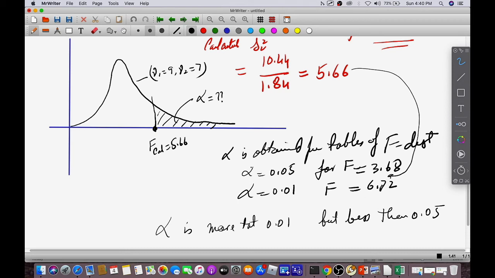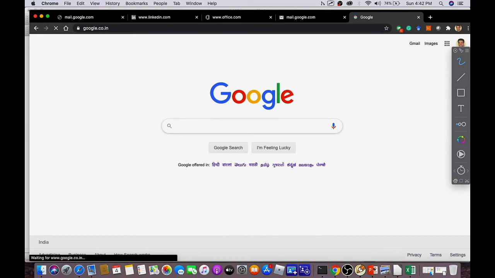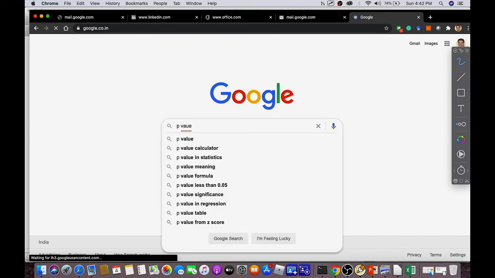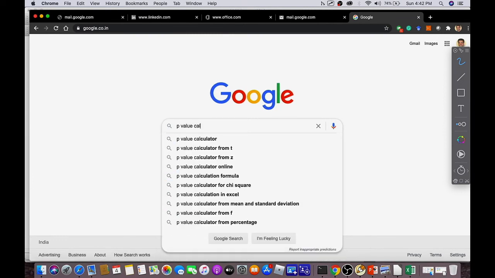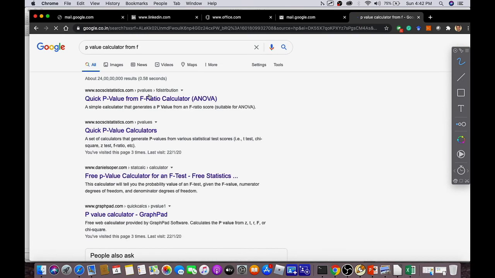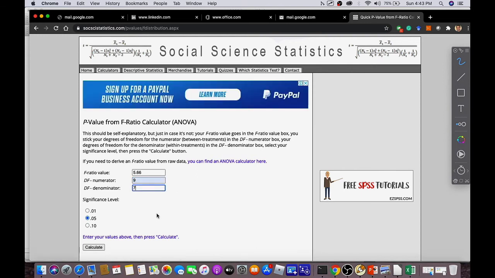But if we take the help of online p-value calculators, let's go to the website. I will write here p-value calculator for F. If we open this, I put the value of F as 5.66 and degrees of freedom for the numerator as 9 and for the denominator as 7.